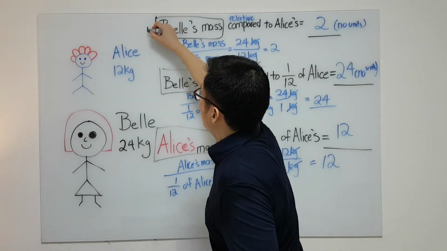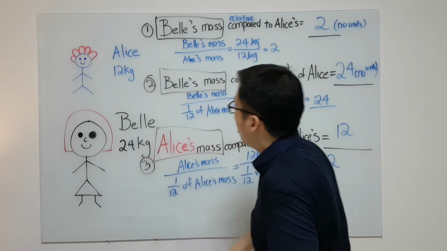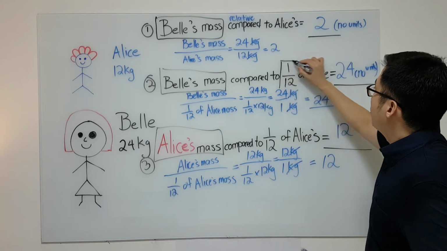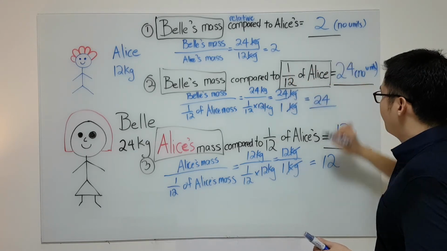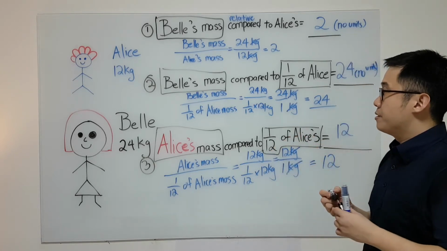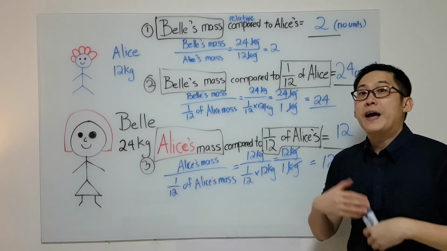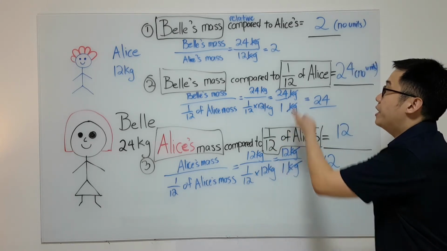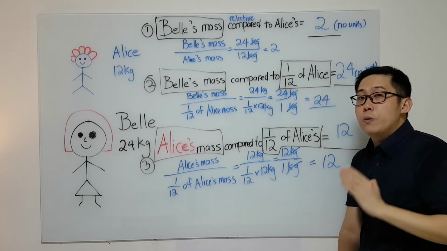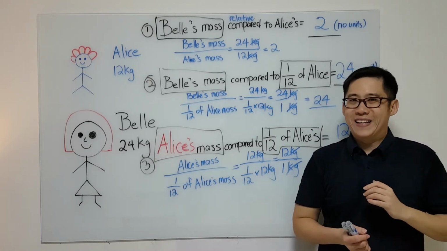And if we were to number case 1, case 2, and case 3, you will observe that case 2 and 3 are always being asked to compare with 1/12 of Alice's mass. Now, students, with this understanding of what is relative and comparing it to a certain quantity that involves this 1/12, we will now go on to explain what is relative atomic mass.